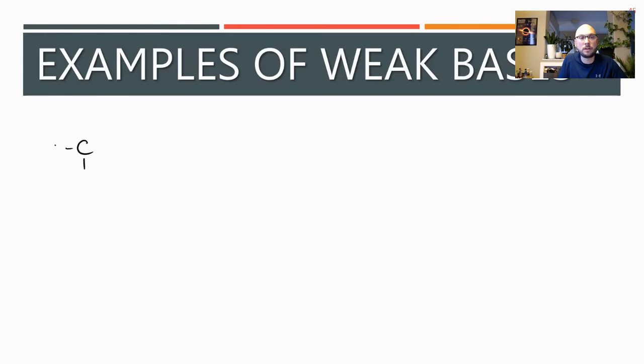We're going to have our regular methyl group, and then a nitrogen. Now, nitrogen, in order to be happy, needs to have 3 bonds. So it's got 1 to the carbon and then 2 hydrogens and a lone pair. This is what we call methylamine.